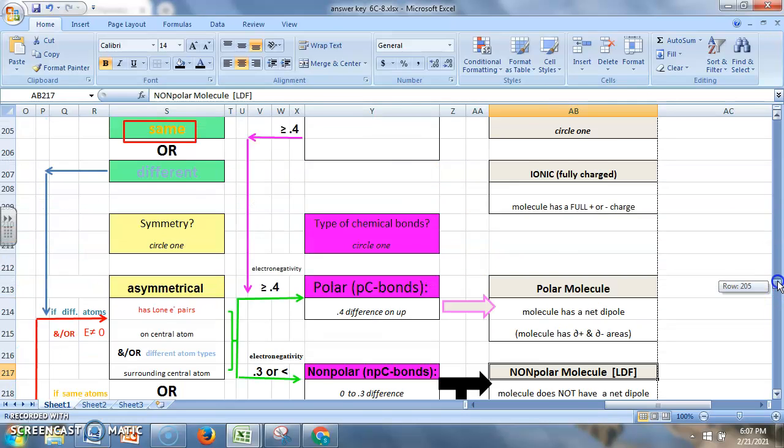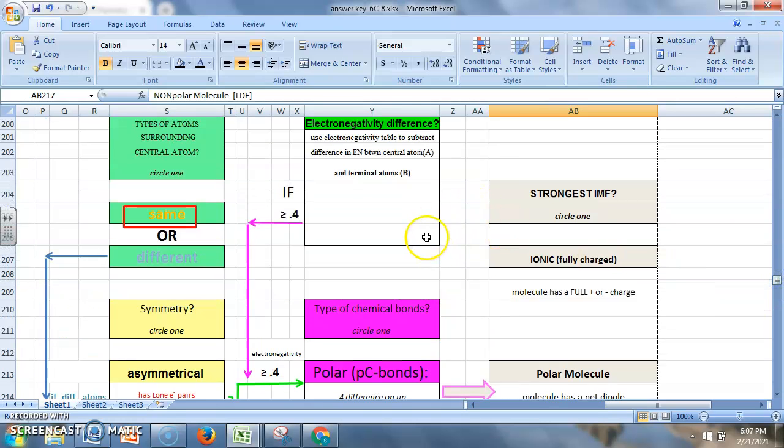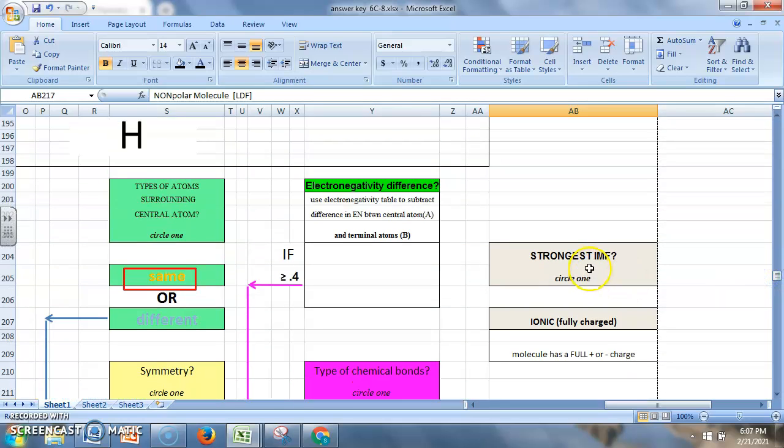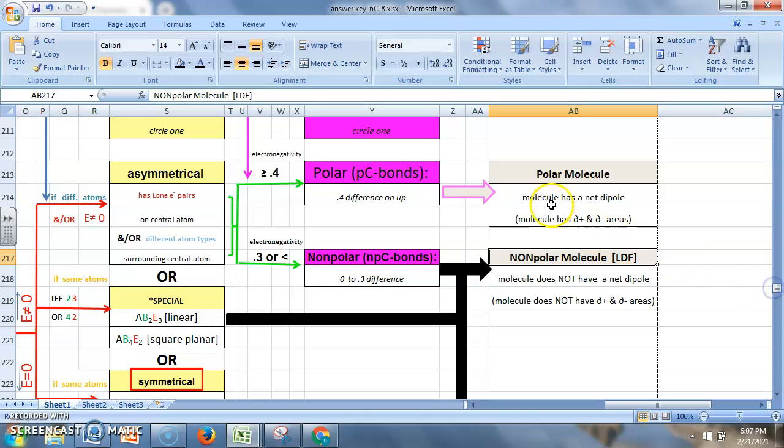There's no sense in wasting time really determining the electronegativity differences. We know the strongest intermolecular force, IMF. There's no charge to this molecule, so it's not ionic. There's no dipole, so it's not a polar molecule. The strongest intermolecular force would be London dispersion forces. It's a nonpolar molecule.